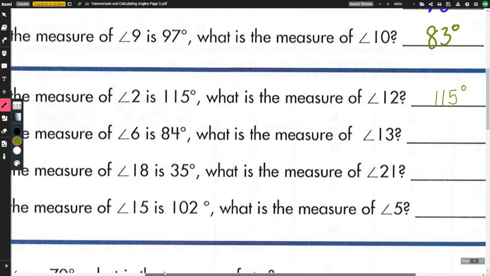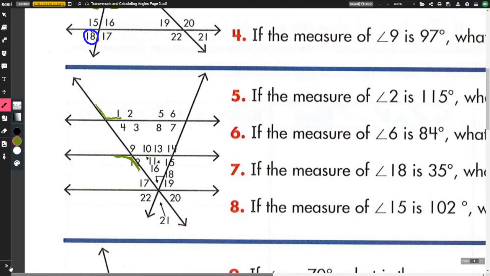The measure of angle 6 is 84. What is the measure of angle 13? 6 is this one right here. Because these numbers are off, they're supposed to be over here. 13 is this one. This one looks kind of tricky because they're not both on the inside and they're not both on the outside.